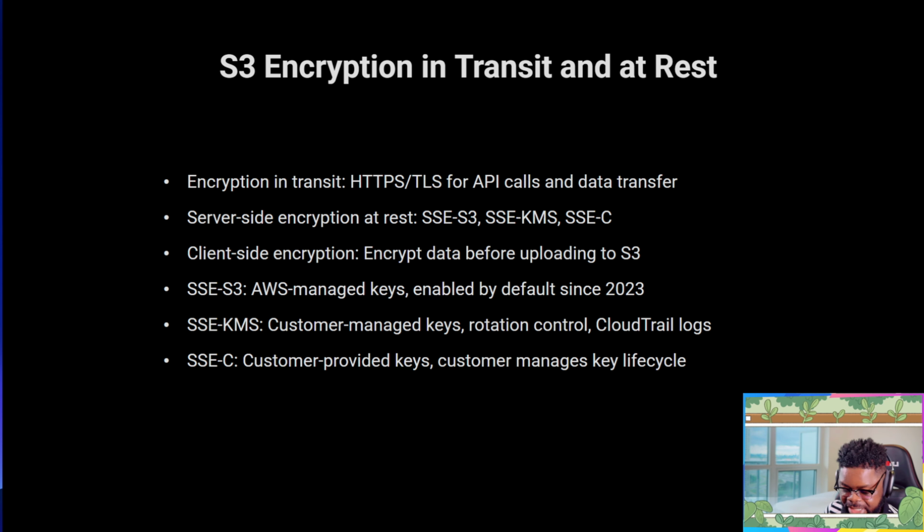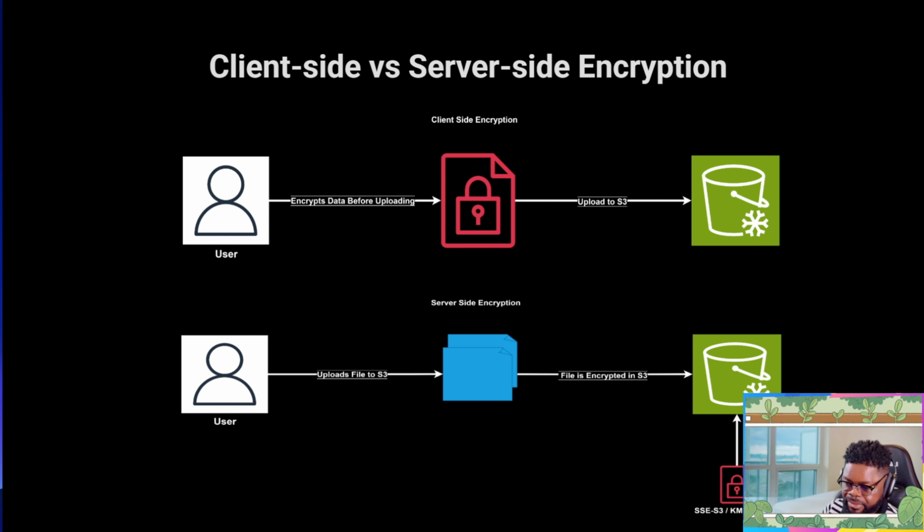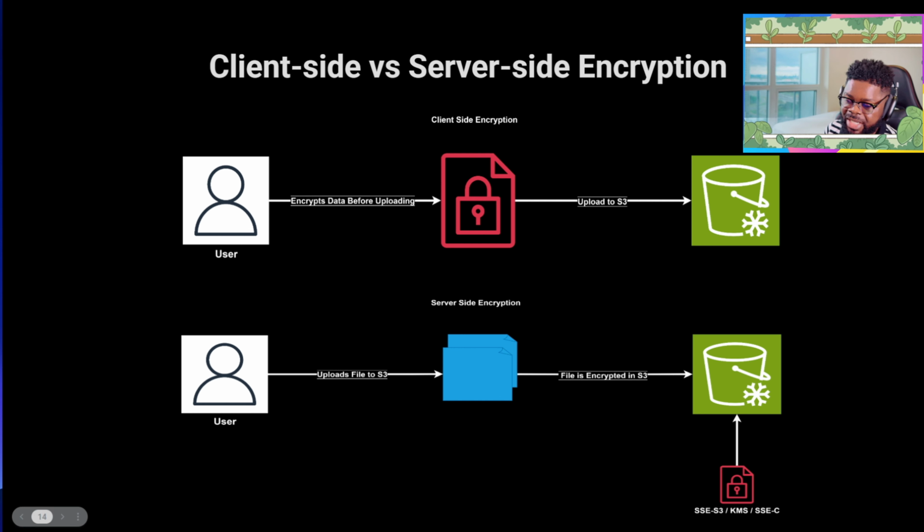So if I go to the next page, what does it look like? Client-side just means that the user will take a file, encrypt it, and upload it to S3. That's basically client-side. But server-side means that the person uploads the file as is to S3, and the user has already configured the bucket to choose what is used to encrypt the file when it gets to S3.